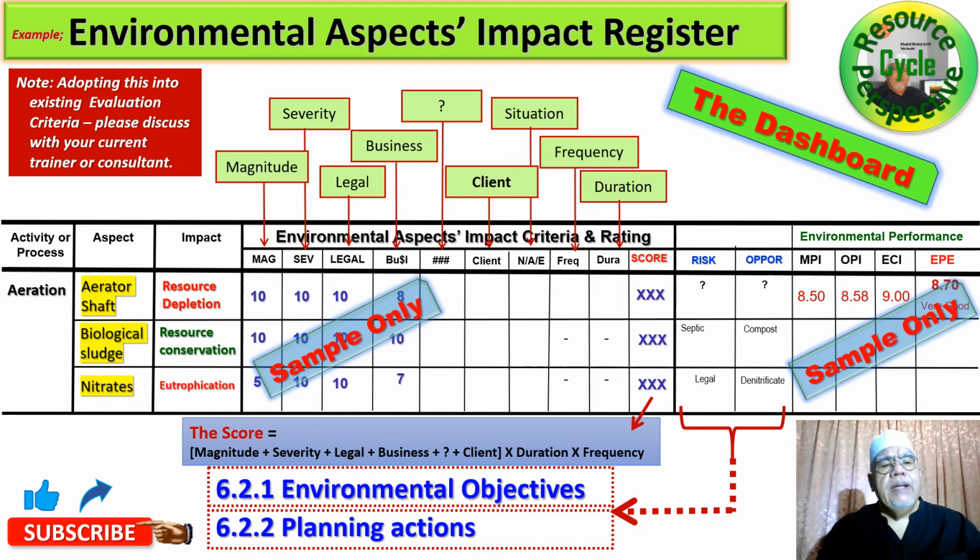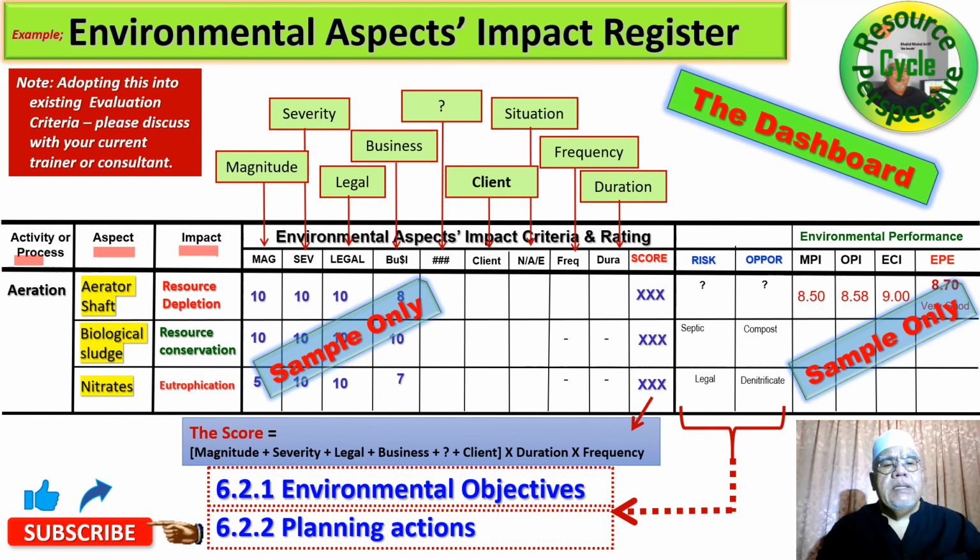This is the activity. What are the aspects from this input-output analysis? Of course, I just give you a few examples because it's going to be lengthy. So this is the most important thing. These are examples for you to consult with your respective consultants and trainers and your EMR to improve what you already have. It could be better than this. Good. Now, what is the probable environmental impact?